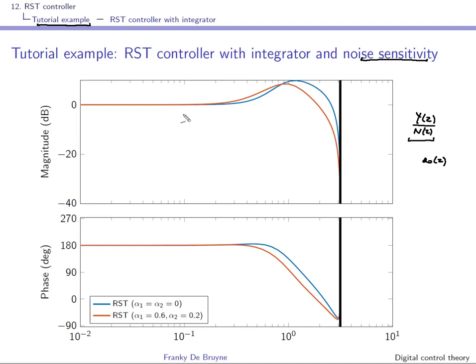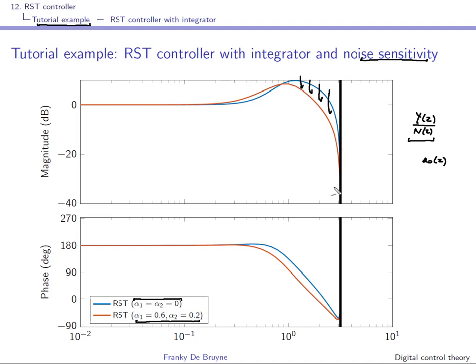Well, what you see here in blue is the noise sensitivity when all the roots of A0 are at the origin, and here you see, well, the noise sensitivity when we change the location of the roots. And as you can see, indeed you can use these root locations of the observer polynomial to influence the noise sensitivity in the high frequency range.